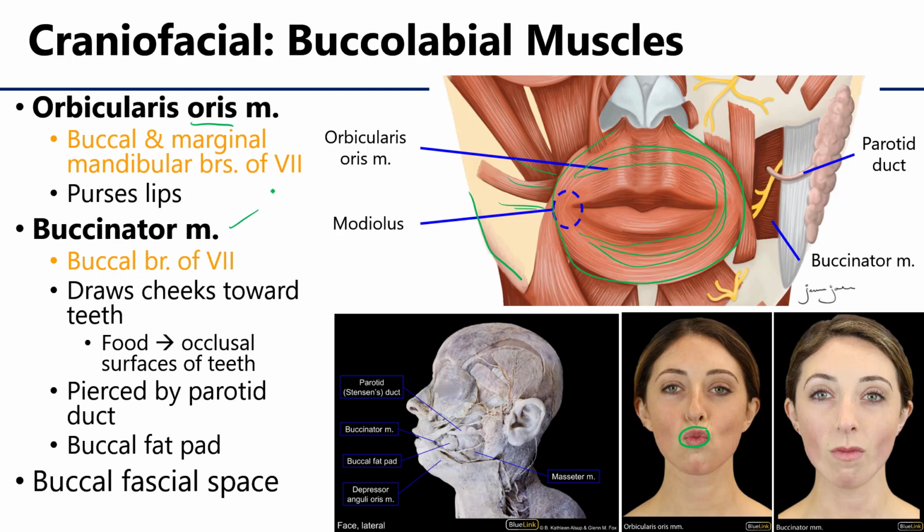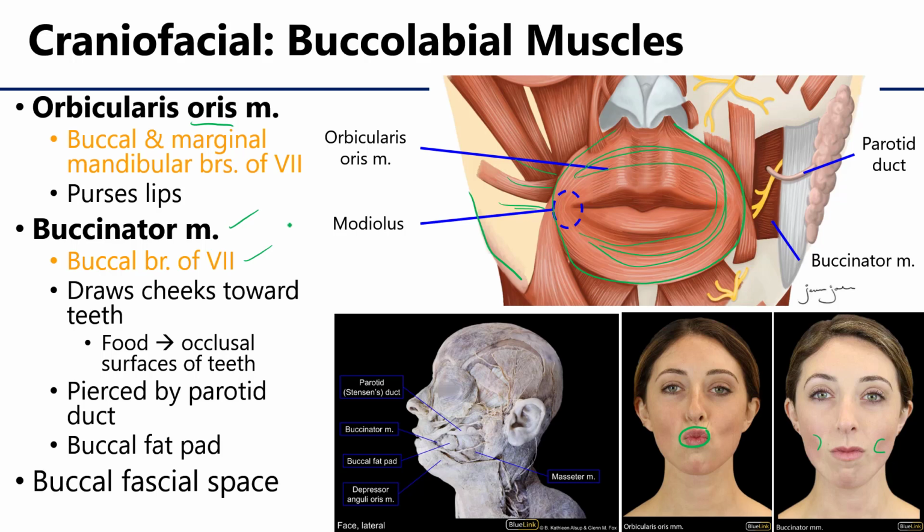So as you can see here, she is drawing those. This is a little exaggerated. She's probably creating a vacuum in her mouth to show this, because otherwise it would be a very imperceptible action. The buccinator muscle is innervated by buccal branches of 7, so that's nice and easy to remember.